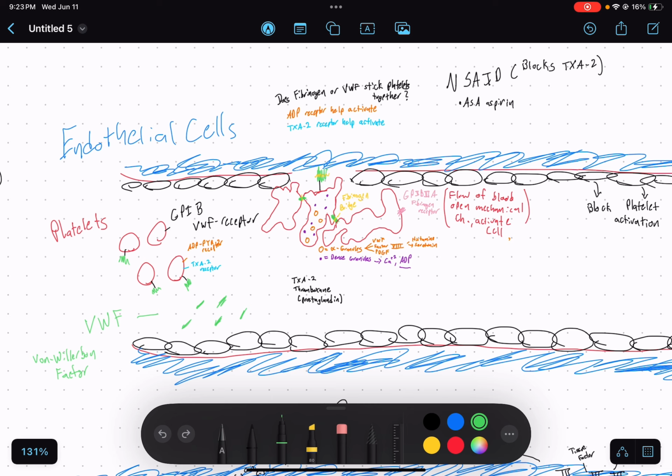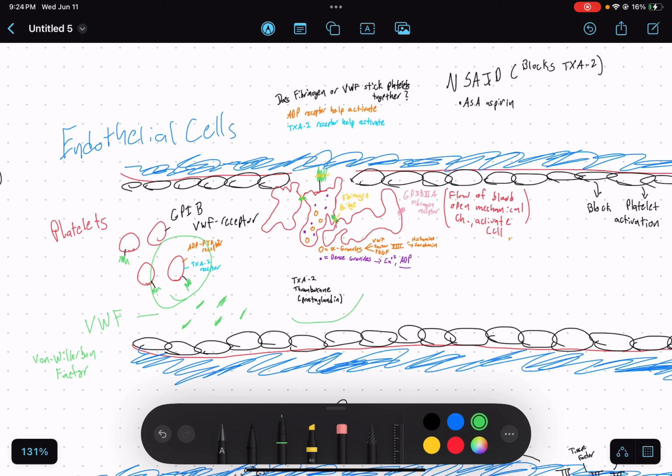And whenever it's activated, it's going to release these different granules, such as ADP and calcium in the dense granules, and in the alpha granules, it's going to be releasing more VWF, more factor 8, and PDGF. And the factor 8 is going to release histamine and serotonin. And so with this being said, the ADP will be able to work with the receptors on the platelets as they have that.